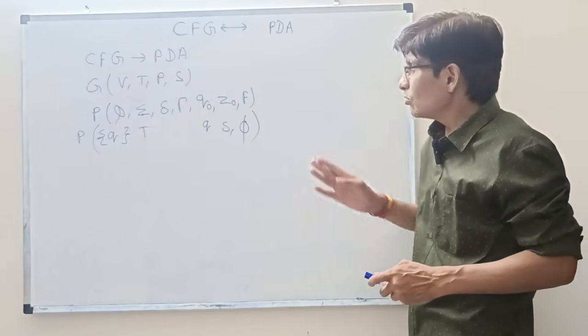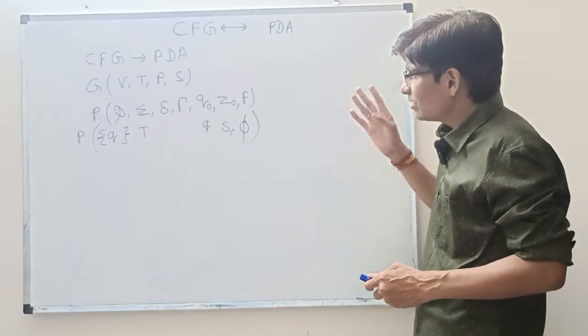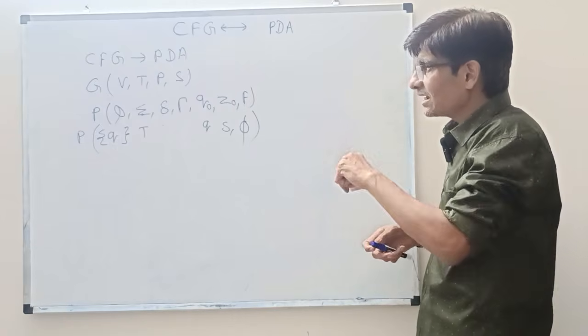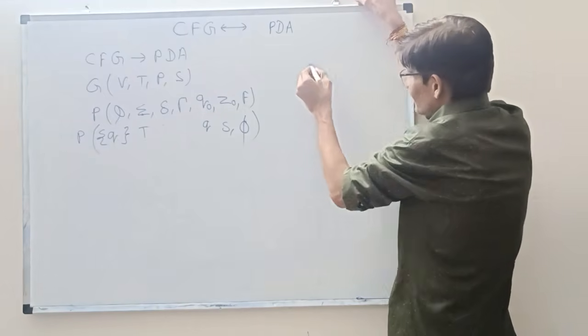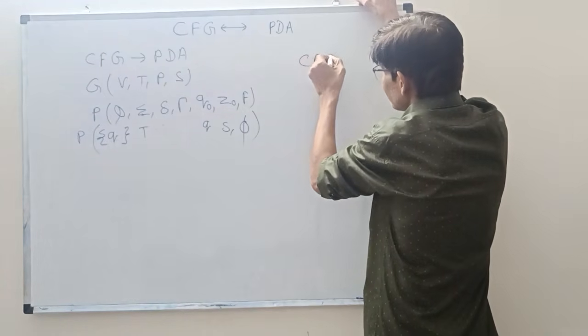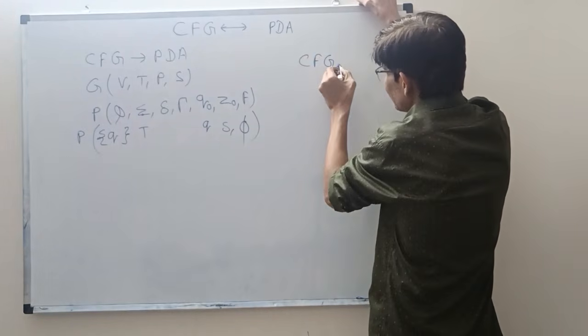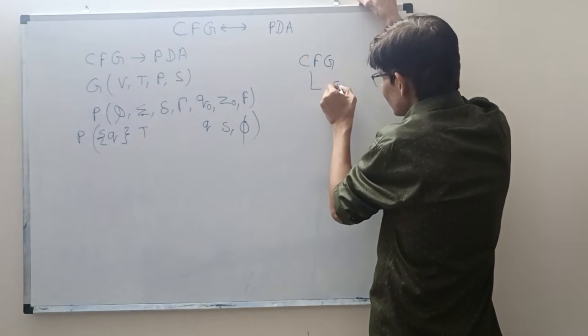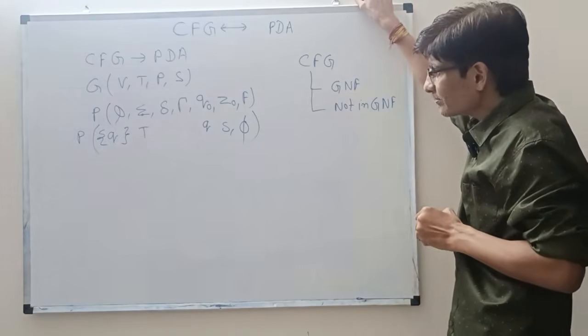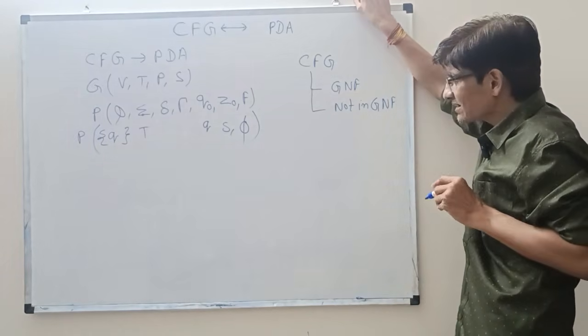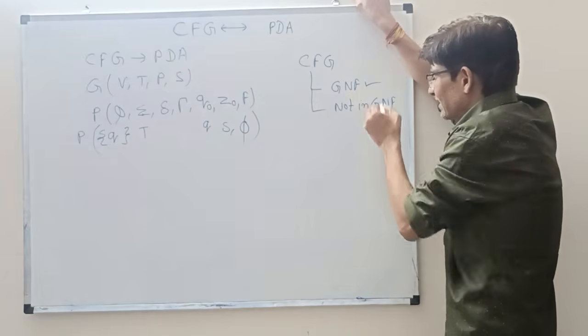So now when you are converting any grammar into PDA, there are two possibilities. Your CFG may be in GNF and may not be in GNF. Now I will discuss the first possibility, GNF.